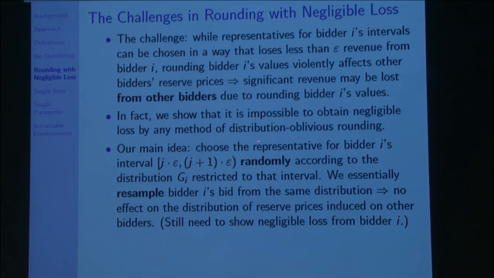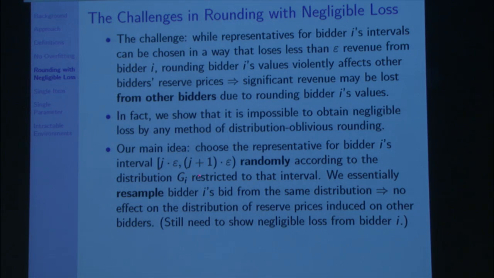But for now, think about choosing the representative for bidder i's interval j randomly according to the empirical distribution of that bidder, restricted to that interval. So essentially what we do is we resample bidder i's representative. Since it's a coarse auction, I ask Mark where his bid lies.